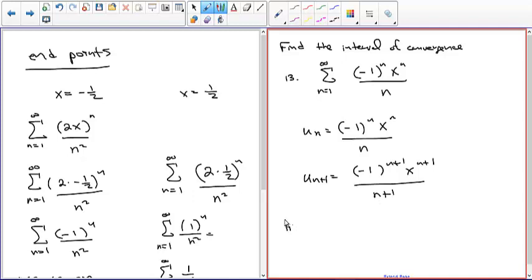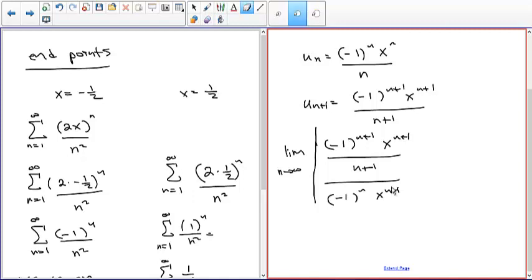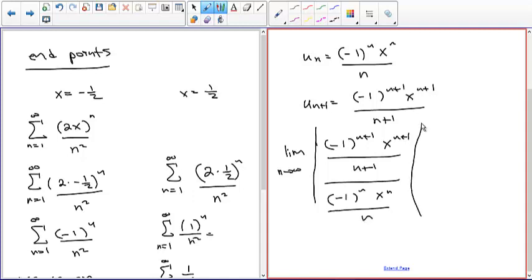And then you take the limit as n goes to infinity of the absolute value of u sub n plus 1 divided by u sub n, like that, and that has to be less than 1 for convergence.